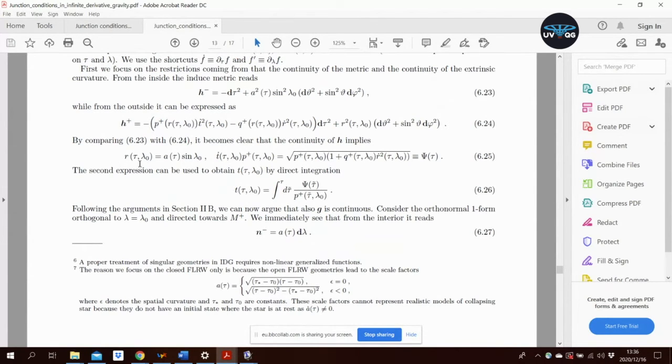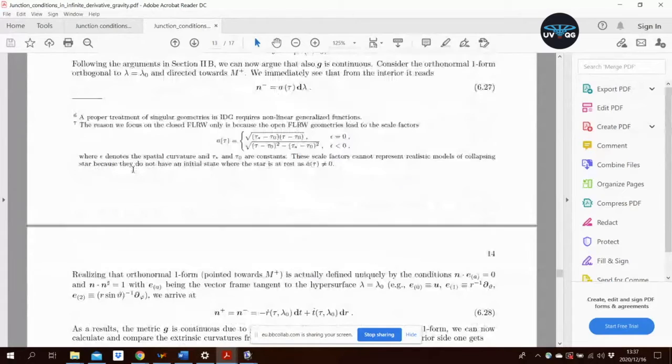You can see that your spatial radius depends on the value of the form factor and how it is evolving. I think that's kind of cool that the junction conditions impose these relations, so you realize that you're actually describing a collapsing star, that your radius is contracting if your form factor is decreasing.